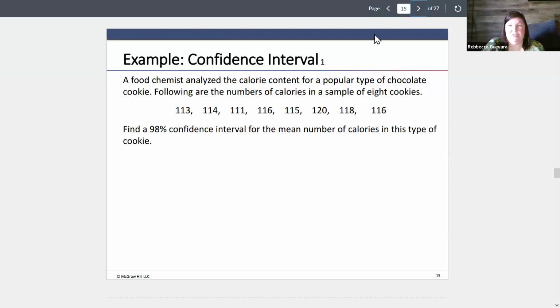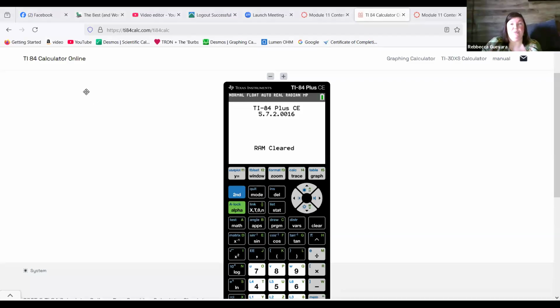So the information that we were given is a list of data. We were told that we have cookies, and these are the calorie counts of the cookies.